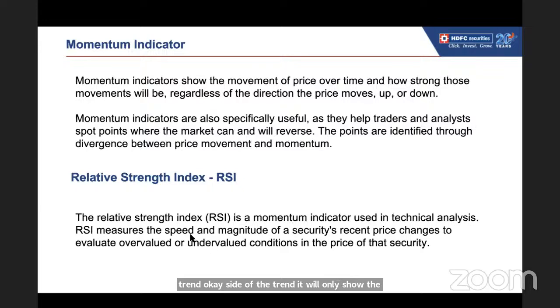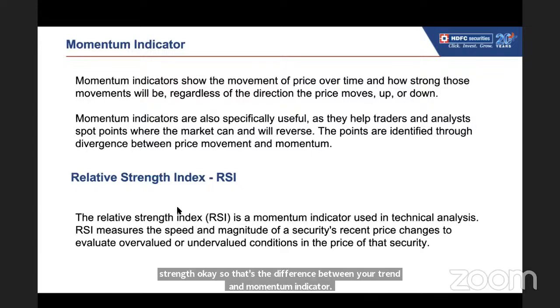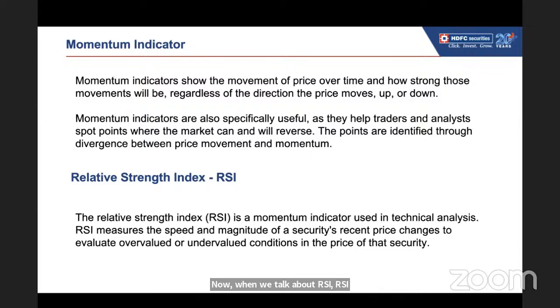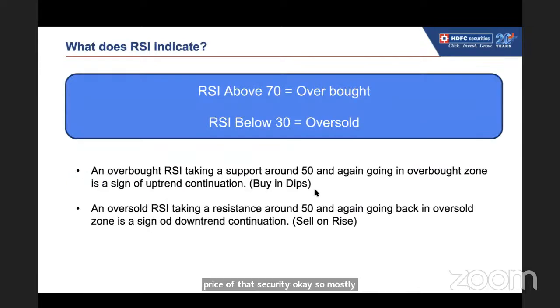Now, when we talk about RSI, it is relative strength index. It's a momentum indicator used in technical analysis. RSI measures the speed and magnitude of a security's recent price changes to evaluate overvalued or undervalued conditions in the price of that security. Okay, so mostly हम लोग क्या देखते हैं RSI से, RSI का एक जोन होता है.